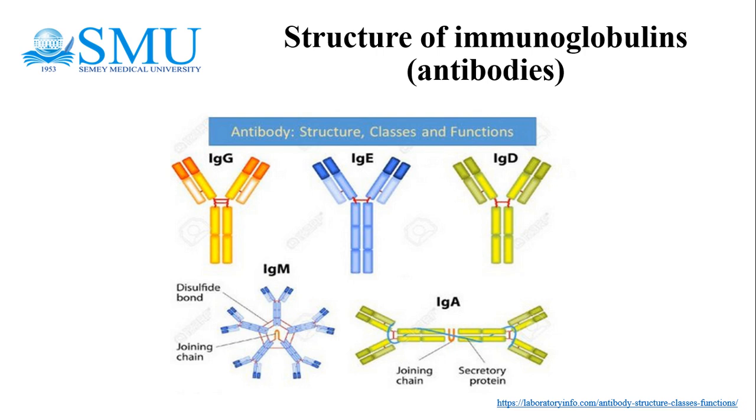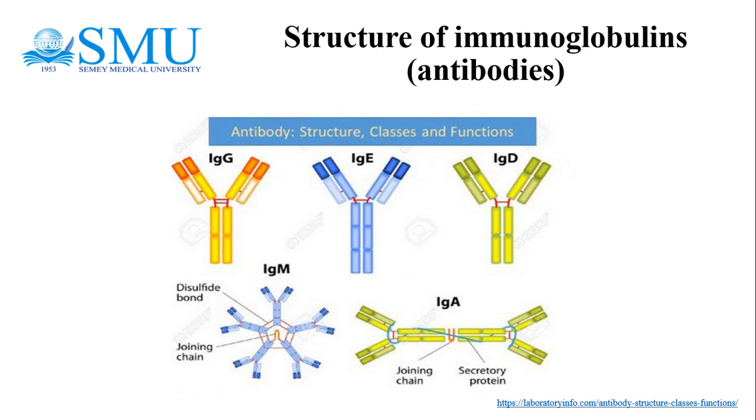All the chains have 2 ends, an amino terminal end and a carboxyl terminal end. There are 5 classes of heavy chains and 2 classes of light chains. The 5 classes of heavy chains are structurally and antigenically distinct.